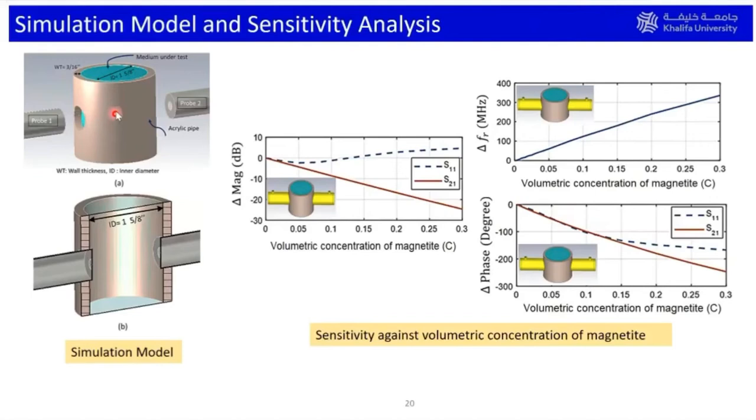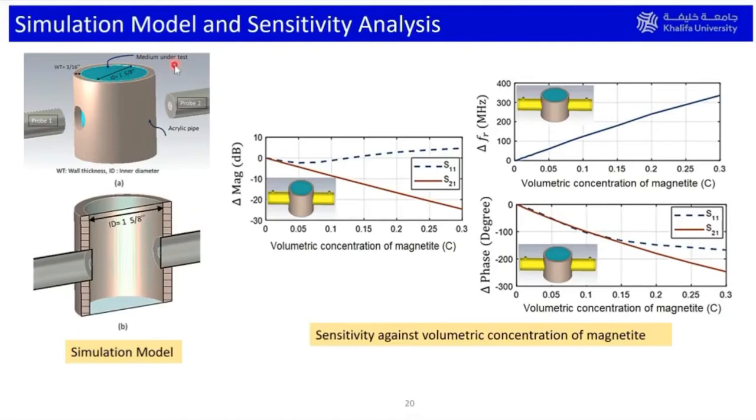We need to have this cylinder with a filling media inside it, and the properties of that media vary in some relation to the actual situation.